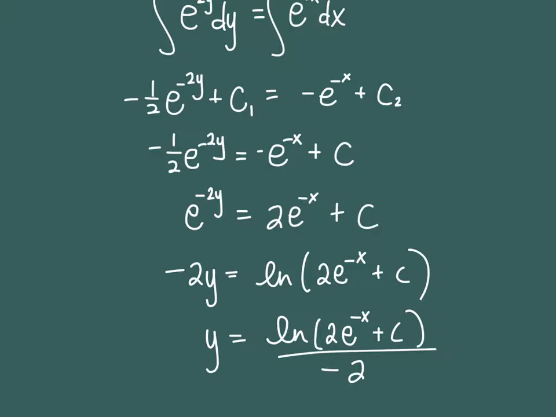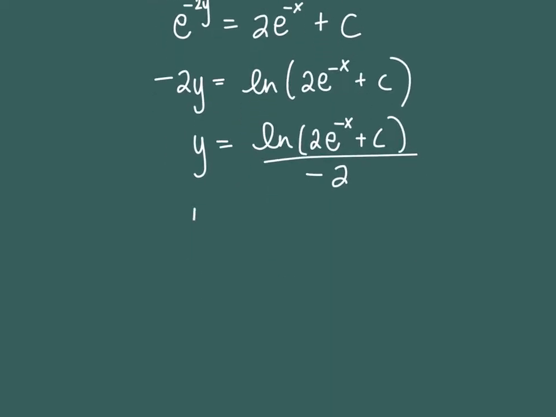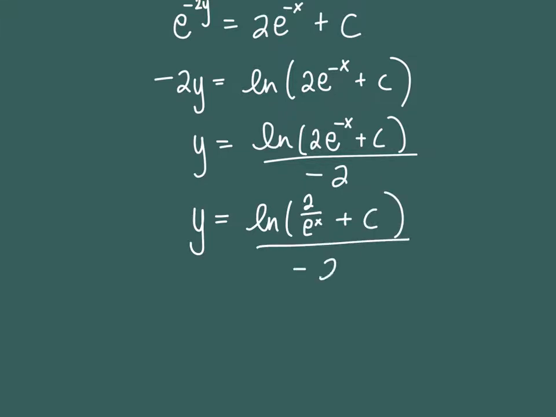There are some additional things you could do. You could have the natural log of 2 over e to the x plus the constant over negative 2, you could do that, right? So that we don't have the negative exponent. That would be one thing.